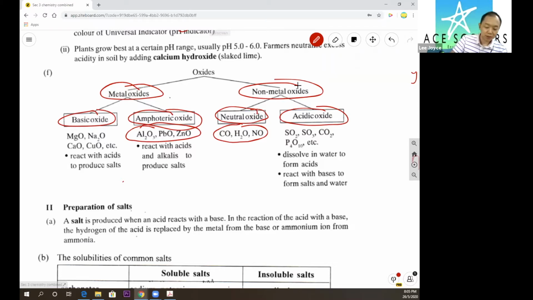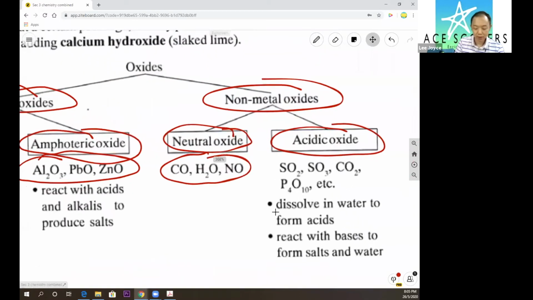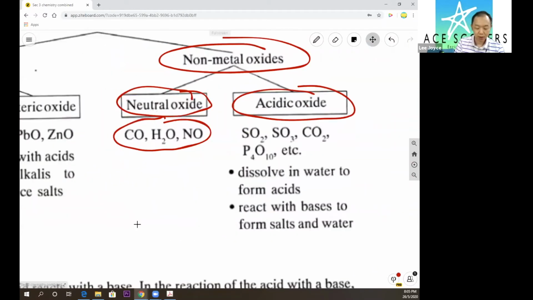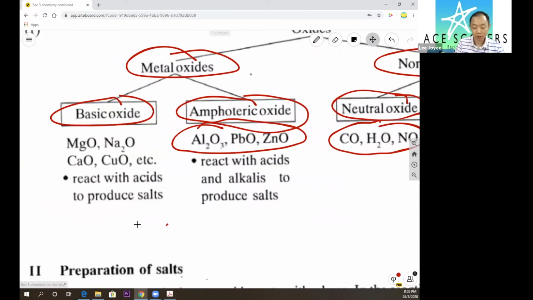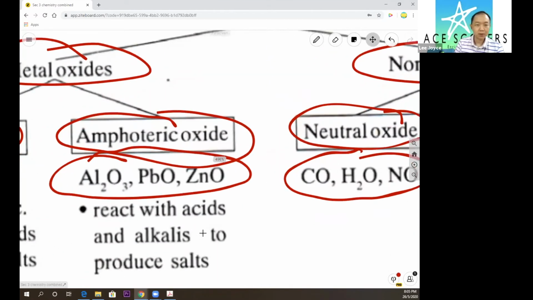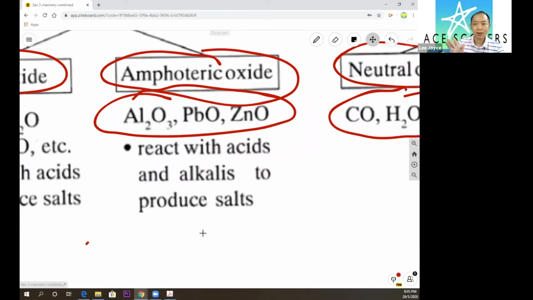So let me introduce what is the meaning of neutral oxide. We know acidic oxide already, that means they are acids. We know basic oxides because they're just alkalis. Then what are amphoteric oxides? Amphoteric oxides are oxides that exhibit both. That means they cannot decide whether they should be acidic or alkaline, so they display both characteristics.